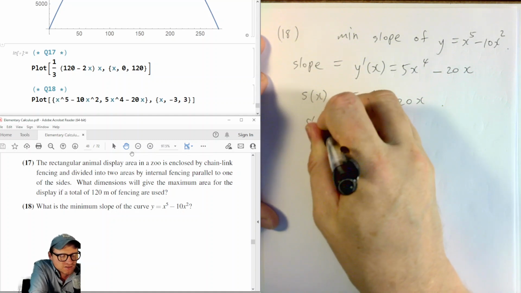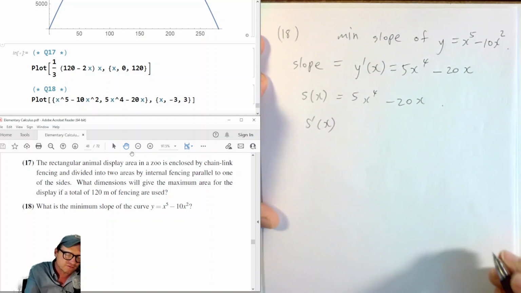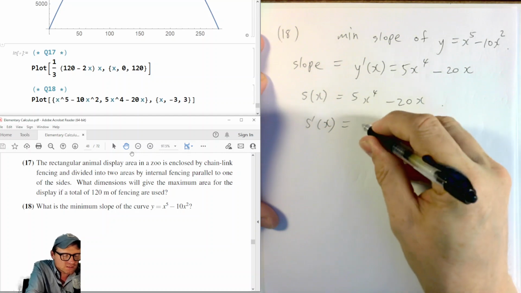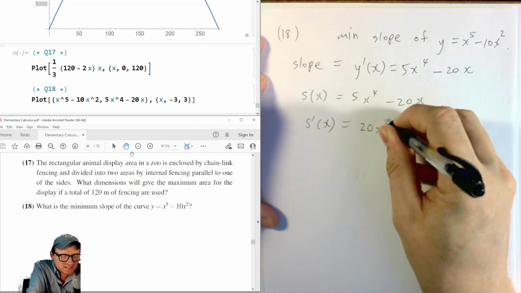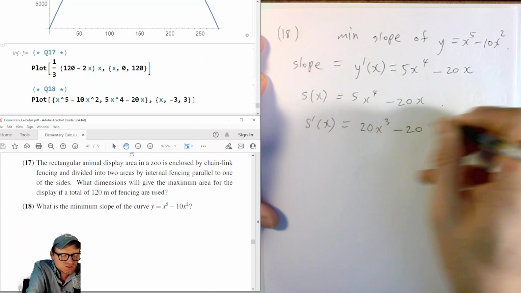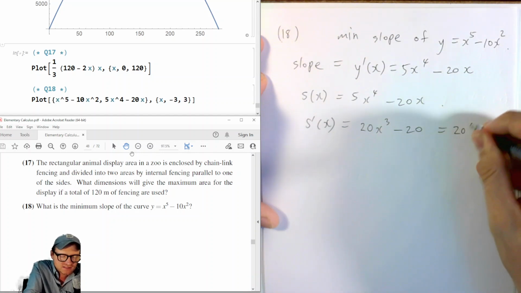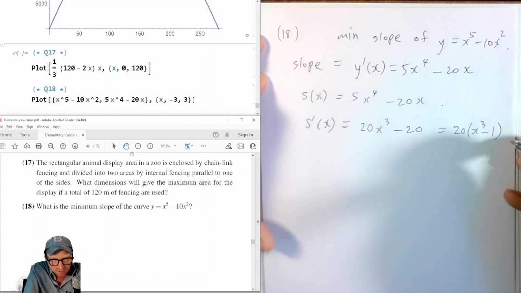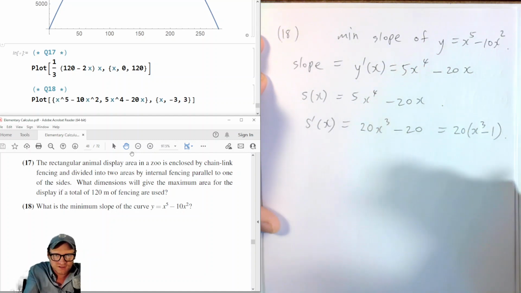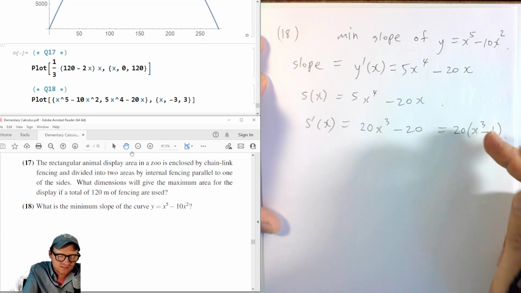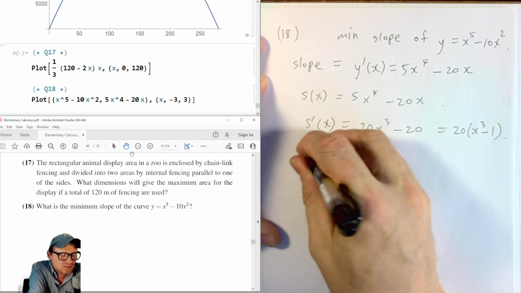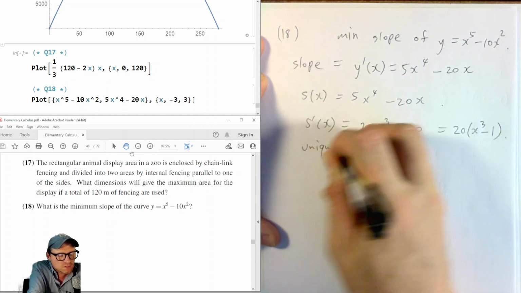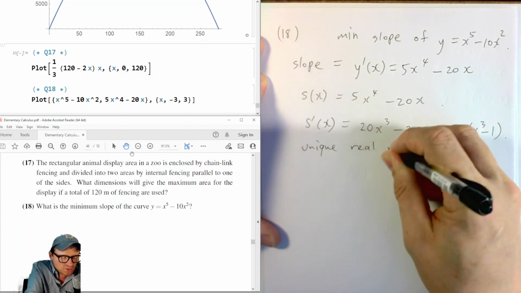So we take the first derivative of S, which is the second derivative of y. And so we get 5 times 4 is 20x cubed minus 20, and we can even factorize this as 20 outside of x cubed minus 1. All right, now where do we get 0 in this? The only real solution is when x is equal to 1, a unique real root.